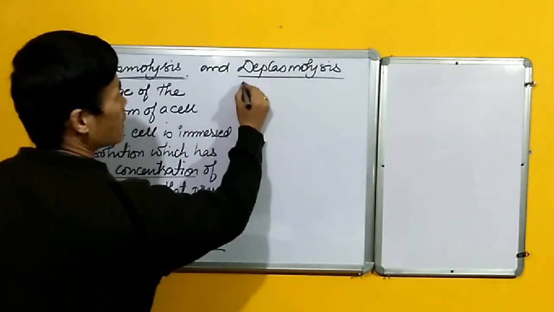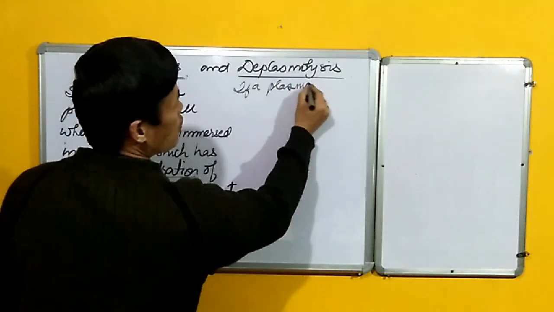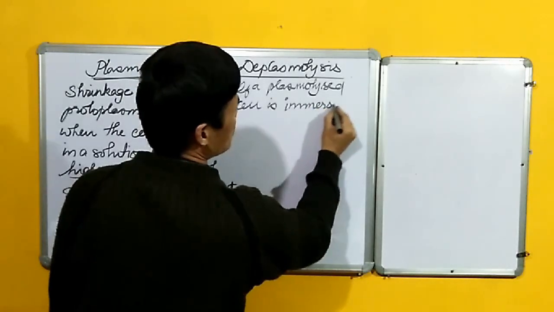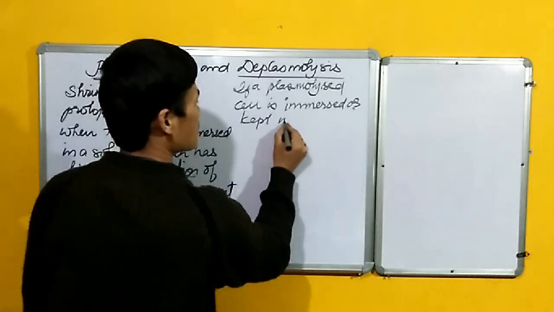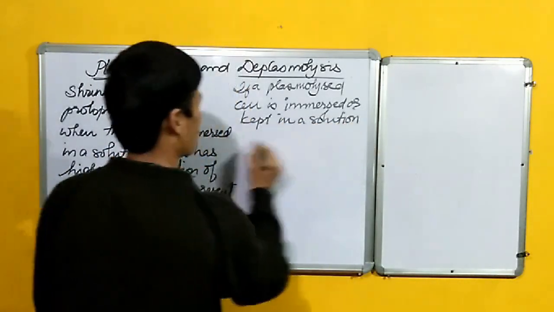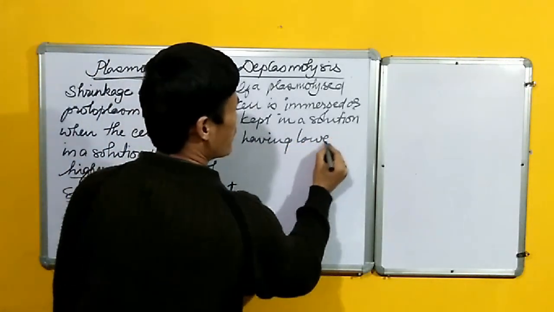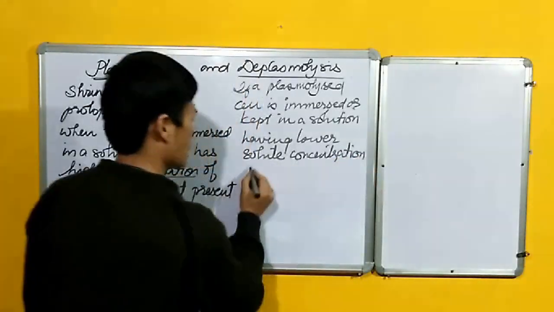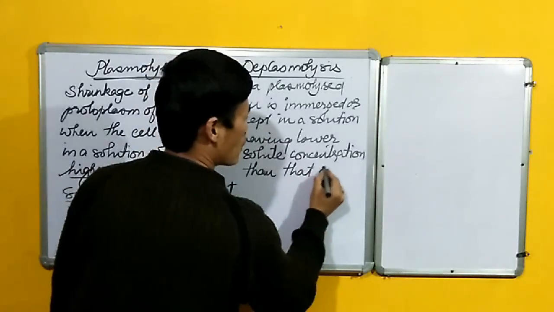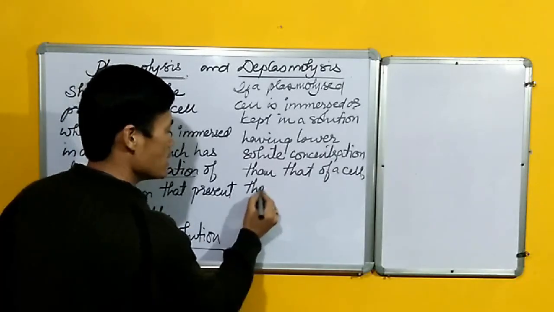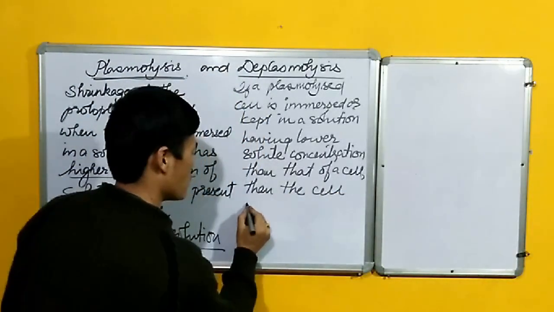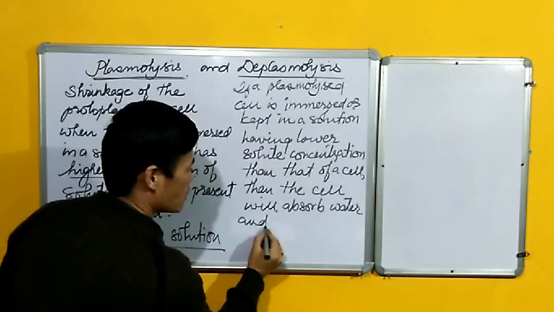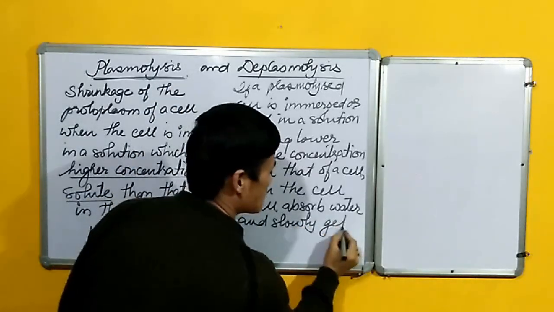Now, if a plasmolyzed cell is immersed or kept in a solution having lower solute concentration than that of the cell, then the cell will absorb water and slowly get inflated.